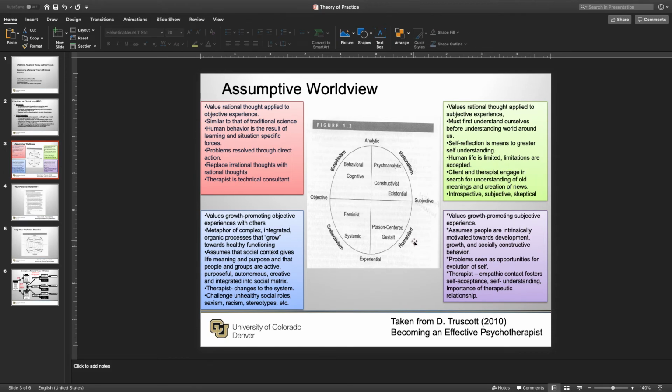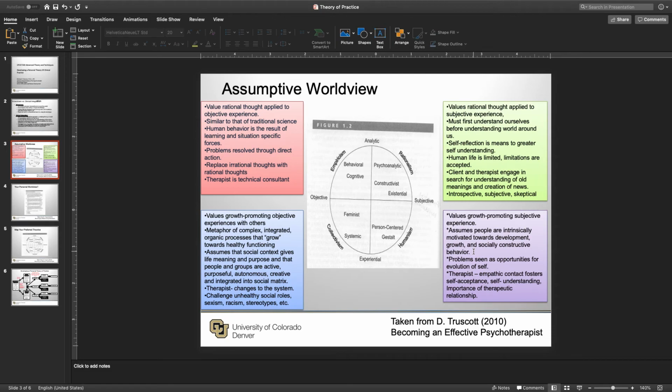The third quadrant, humanism, person-centered therapy, Gestalt therapy, values growth-promoting subjective experiences. How does an individual's experience of their world influence what they believe, how they behave, who they are? It assumes people are intrinsically motivated towards development, growth, and socially constructive behaviors. Looking at the good in all clients.